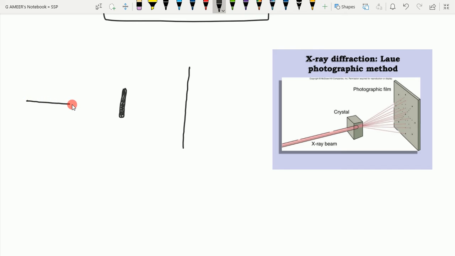These are the X-rays which are coming. This is the crystal. This is the photographic plate. So now X-rays are coming and incident there.